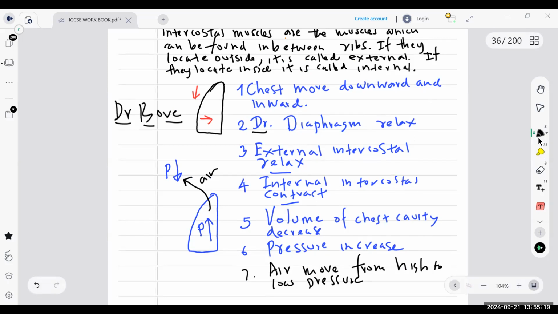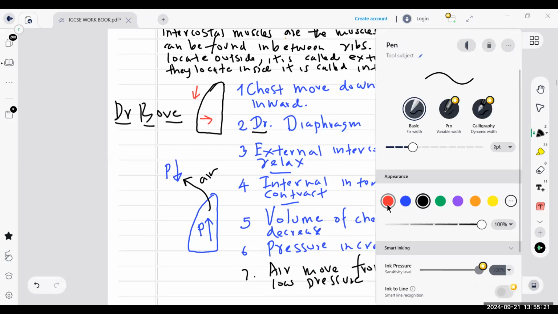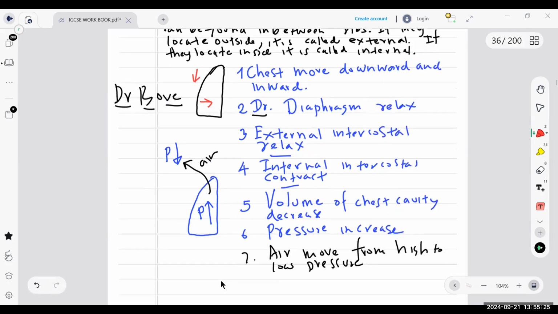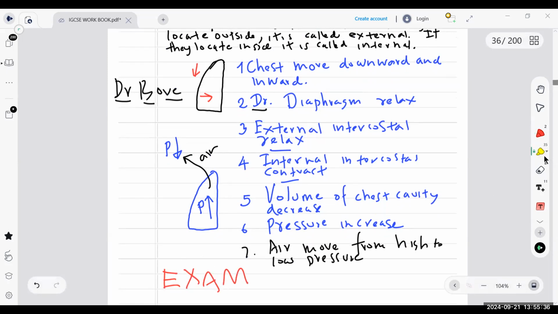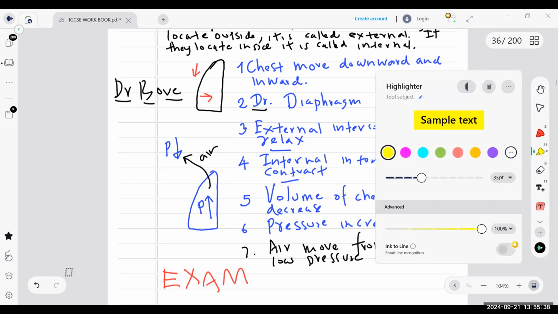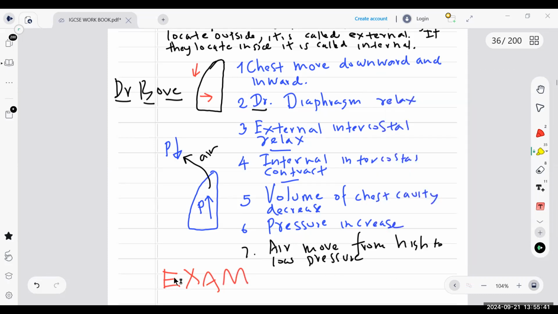This is very important because in the exam you are asked to write the whole mechanism, the mechanism of breathing out. So it is important to remember the whole steps, because many times this question has been asked.